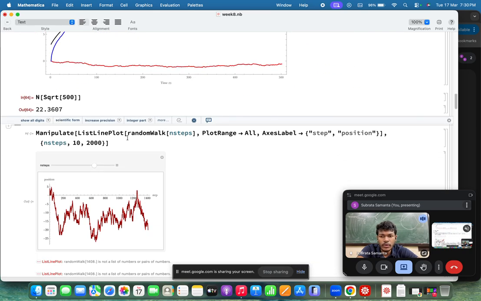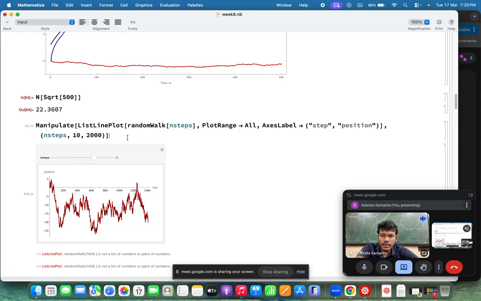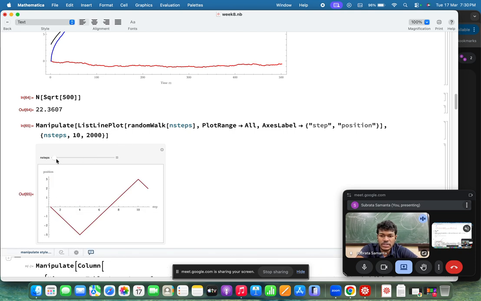You can also use Manipulate. So Manipulate is basically where I put n step as a variable, and I calculate this path. If you have only 10 steps, you see this is zigzag. Also increase the number.